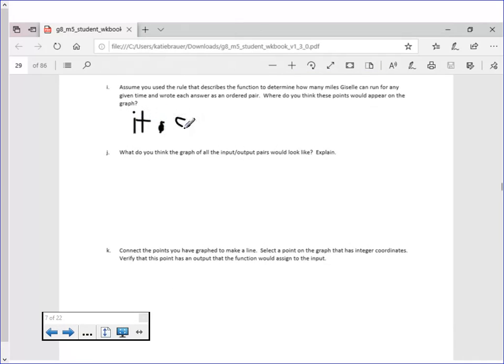That's not the word should. Here we go. So all of the points that we are doing, if we wanted to calculate a specific number of minutes this girl could run, it would fall on that line that we drew on our graph. What do you think the graph of all input and outputs would look like? Well, it was a straight line to begin with. What do you think it would look like if we would add more?